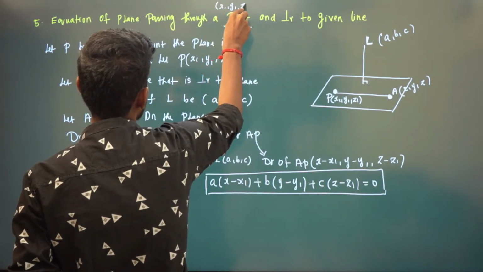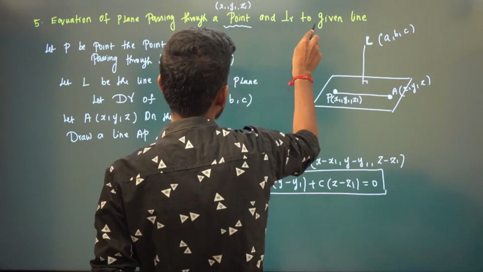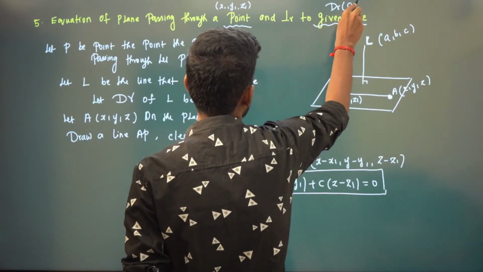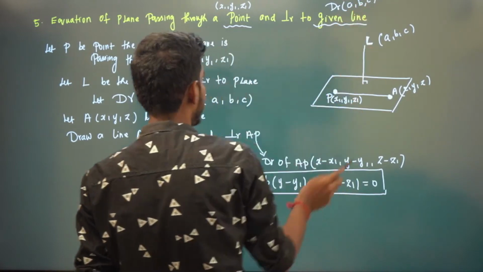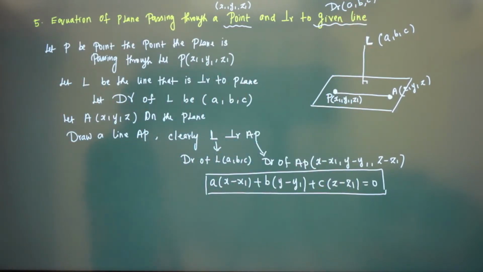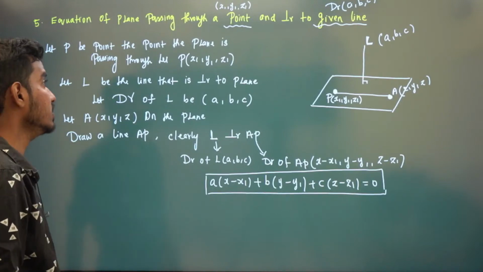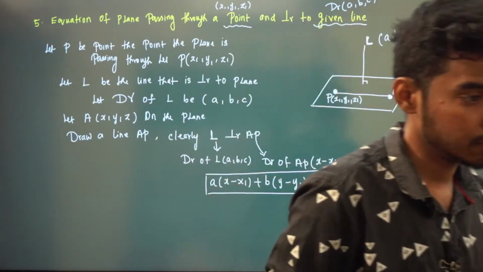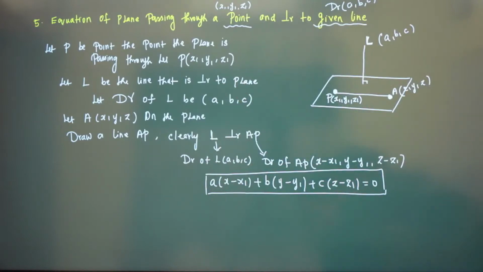Then this is the equation of plane passing through a point and perpendicular to a given line. Is this clear? Very, very important.